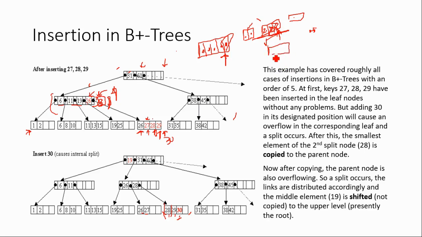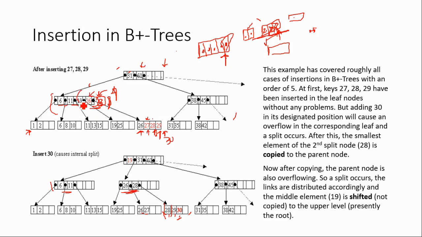Now this split doesn't follow the rule of what we did in the leaf. This is a simple split. The first part will contain 6 and 11, and the second part will contain 26 and 28. What is the middle element?